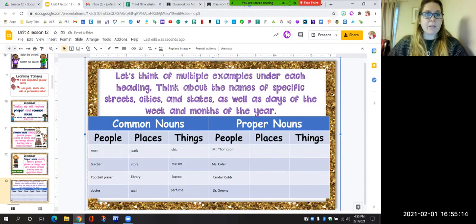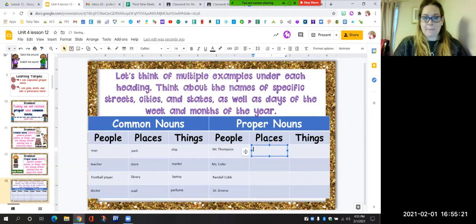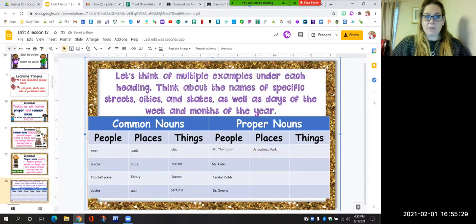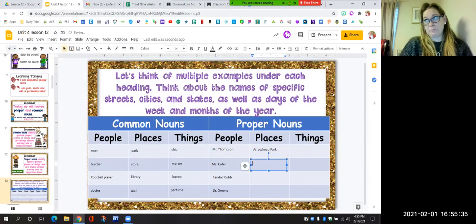All right, so now let's look at the places. Instead of park, we could have a specific park. We could say Arrowhead Park. Instead of just a store, we could have a specific store. We could have Kroger.